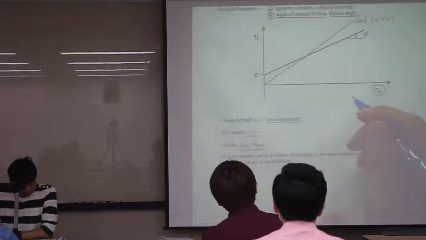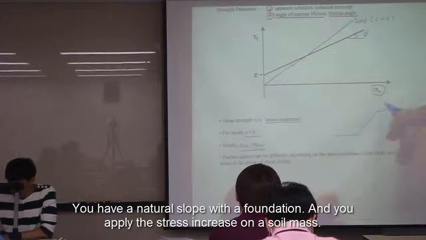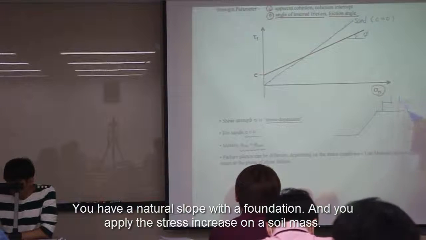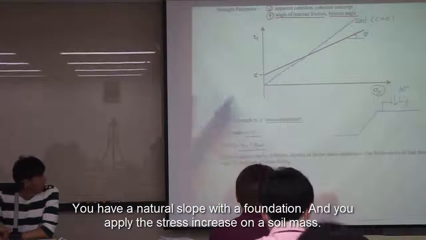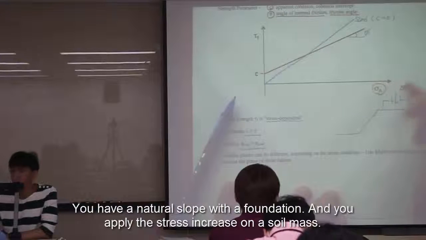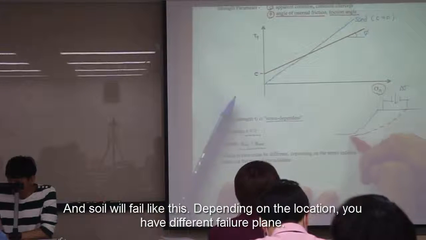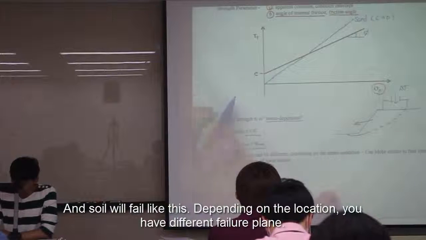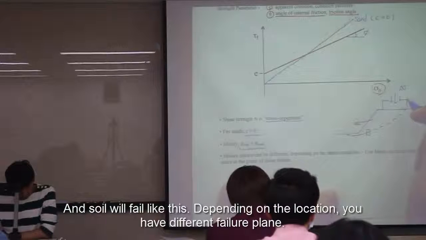But the problem is, say you have a natural slope with a foundation, and you are applying a stress increase on the soil mass, and the soil will fail like this. Depending on the location, you have a different failure plane.